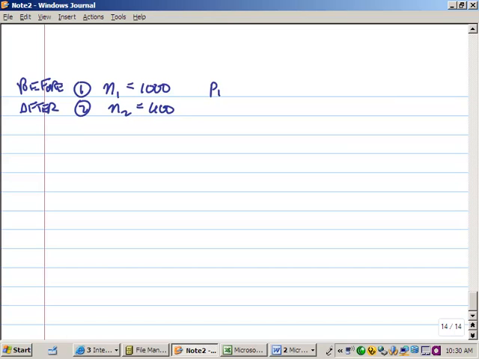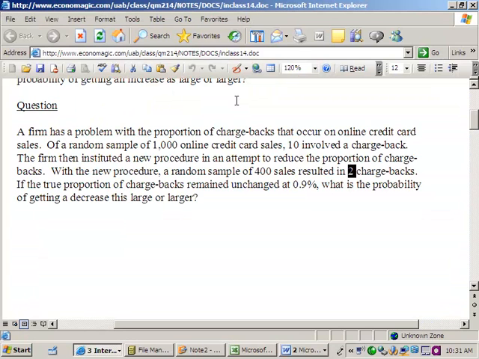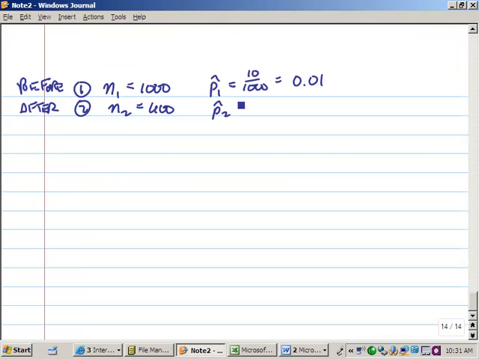Before the changes, we had chargebacks at a rate of 10 in 1,000. That's 1 in 100. It's 0.01. Now they have 2 in 400. I believe that'll be 0.5%.